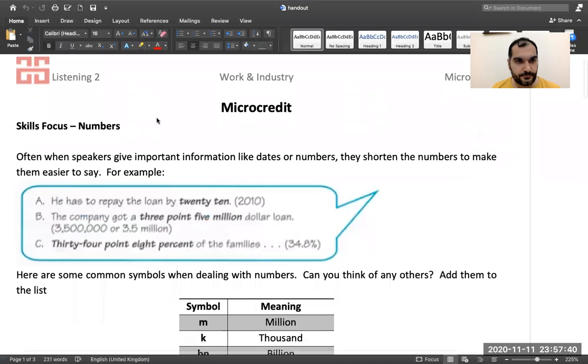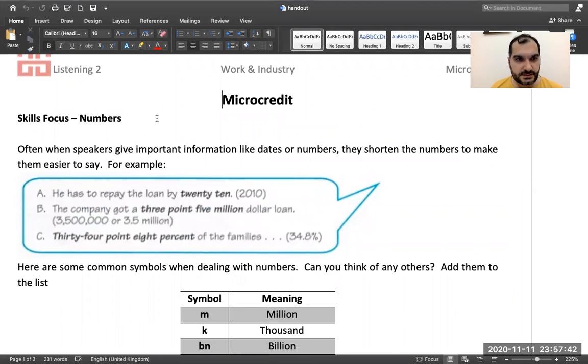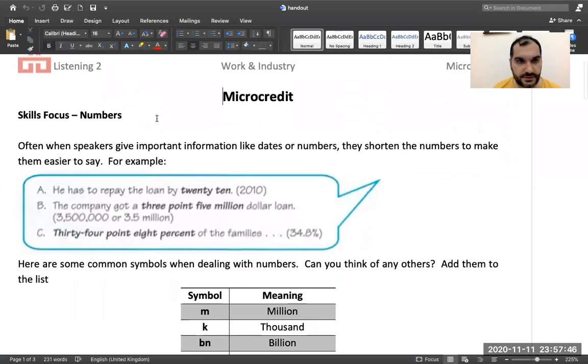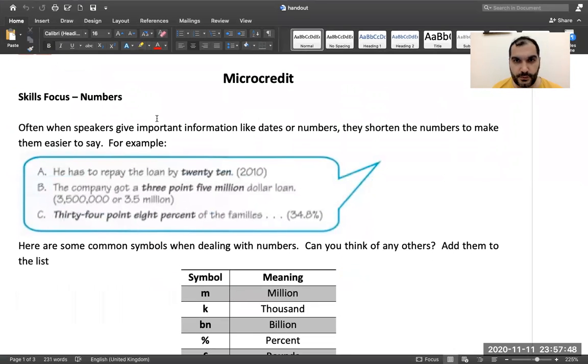Now, let's start with skills focus and microcredit. Before that, let's understand the function of numbers. Often when speakers give important information about days or numbers, they tend to shorten them.